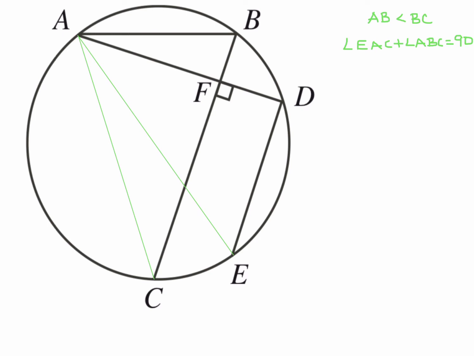So angle EAC is this angle in here, and that angle, I will label it as X. Okay. Next one, ABC. ABC, the good news is they've already drawn in the lines, and I will call that Y. So X plus Y is equal to 90. This is what I have to show. So I have to prove this. That's my goal in this question.